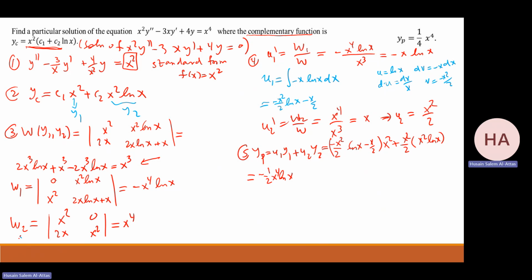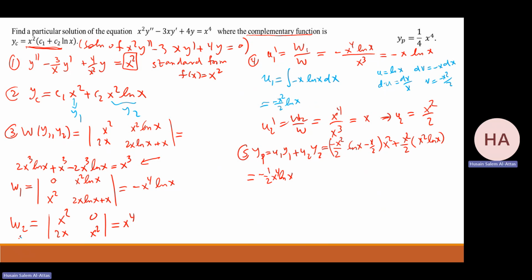This is x squared over 2, or x squared, sorry. This is what? This minus this integral. So this will be plus x squared over 2, plus x over 2.